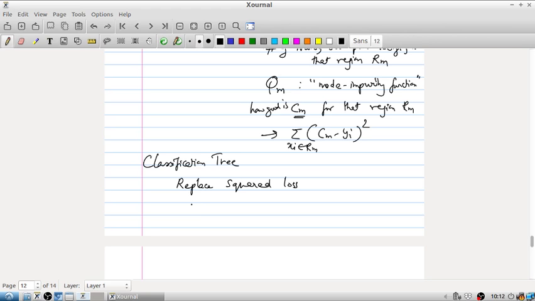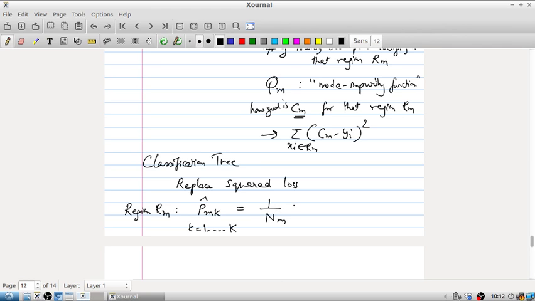So for that, let's first define another thing, which is the p hat mk. So let's say we are looking at region Rm. For that region Rm, I'm going to define k numbers, k equal to 1 to capital K. And these numbers are just going to be 1 over nm, where nm is the number of points in my training data falling into that region.